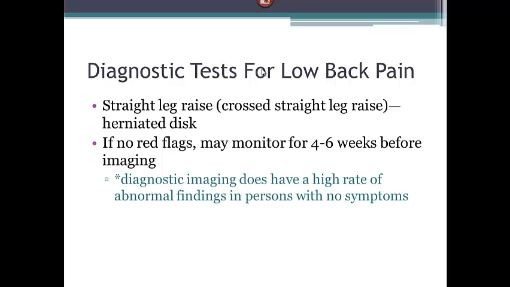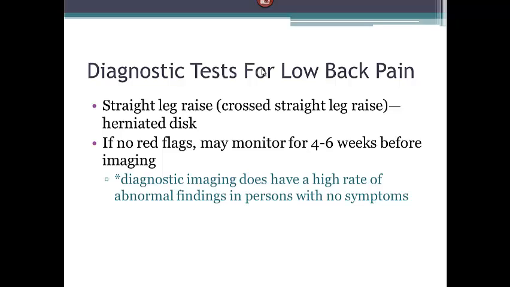You could also do the cross straight leg raise, which is basically that you elevate the unaffected leg the same way as the straight leg test, and the patient would feel the pain at the level of the affected leg.